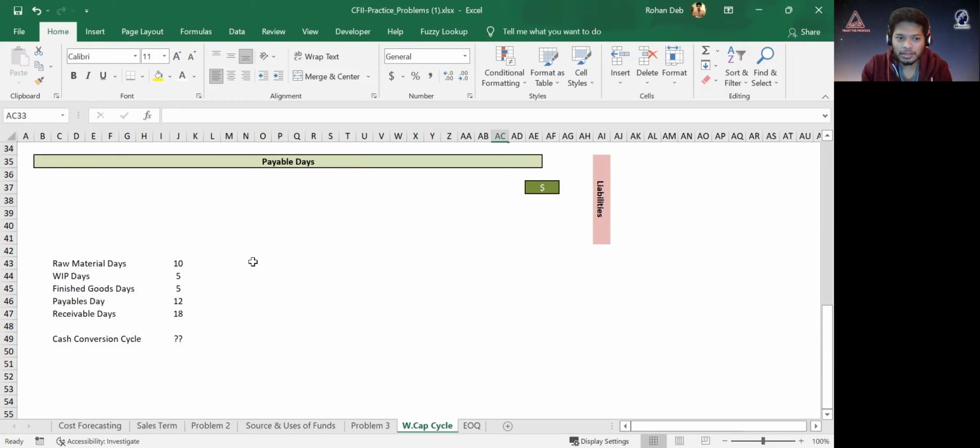So your inventory days is what? 10 plus 5 plus 5, which is 20. Plus receivable days, 20 plus 18 minus 12. 20 plus 18 minus 12 is 26. Okay. So some of you might have answered it as 14, which is wrong. It will be 26.